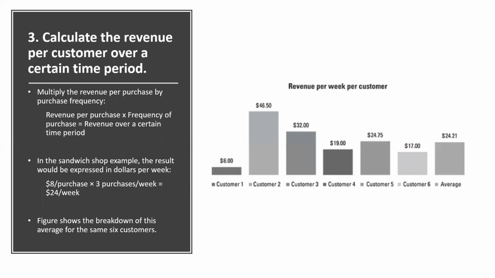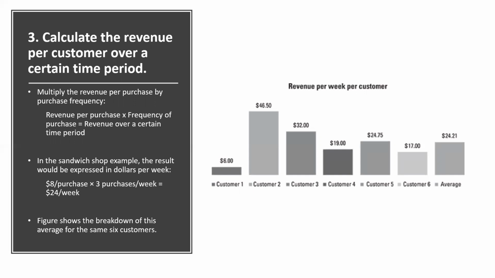That means the average I have calculated as 8. 3 times a week is spending, that means totally $24 per week. I'll be getting it as revenue. So revenue per purchase multiplied by frequency of purchase equals revenue over a certain time period. Usually it can be a week or a month depending on the product.